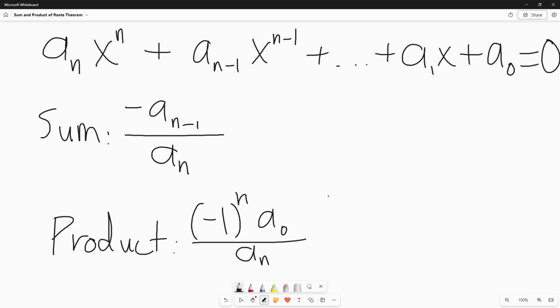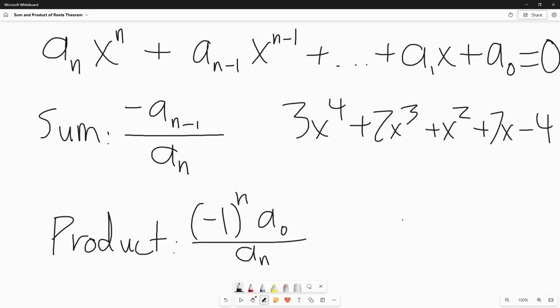And to find the product, you do negative 1 to the power of n times a0 all over an. In other words, this is negative 1 to the power of n times the last term all over the first term. And again, without x's, just the coefficients.